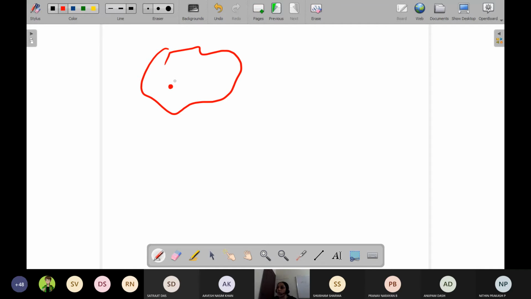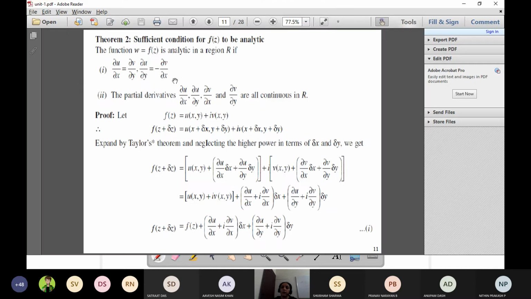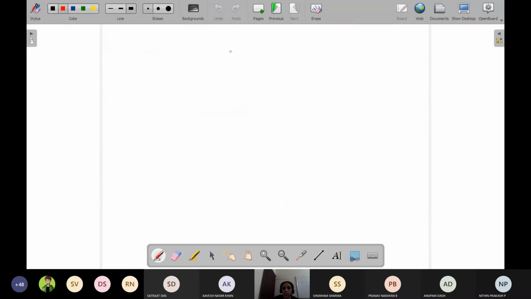It has to be a differentiable function, then only we can say it is continuous. You can understand the link. So this is the sufficient condition. In general, if you remember this, it is more than enough.